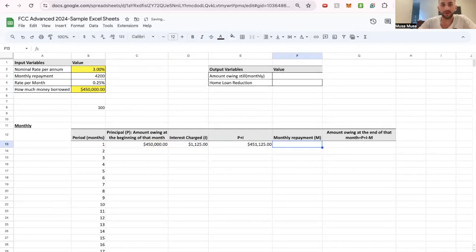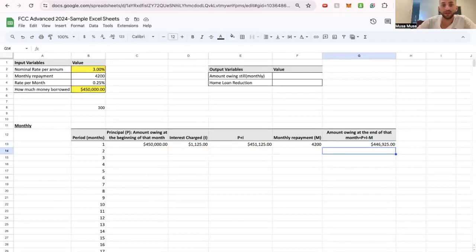The monthly repayment we've been given is 4,200, so it's just going to be that number there. We can't change it, but again, let's fix this. And how much do we owe at the end? Well, it's going to be the principal plus the interest minus the repayment M. So you can see we've paid off a little bit of the loan, $3,075 so far.